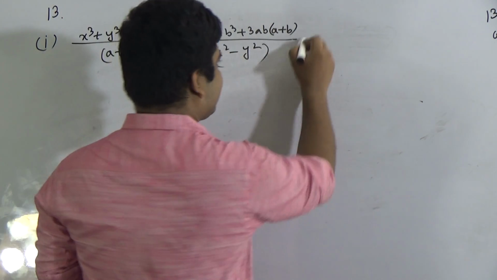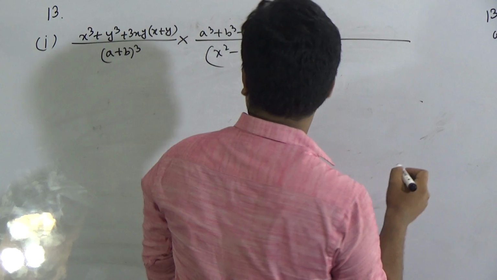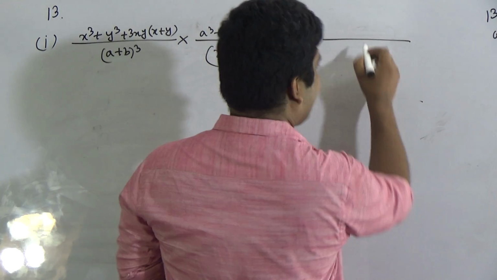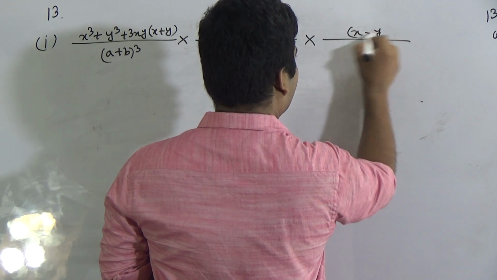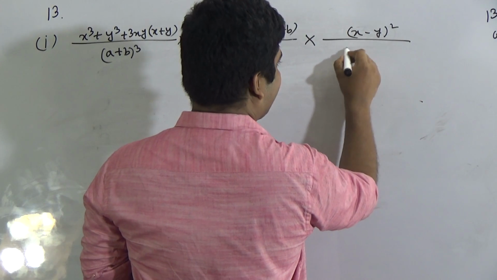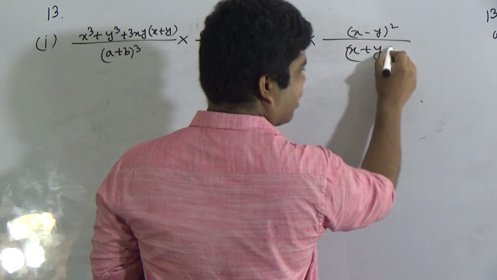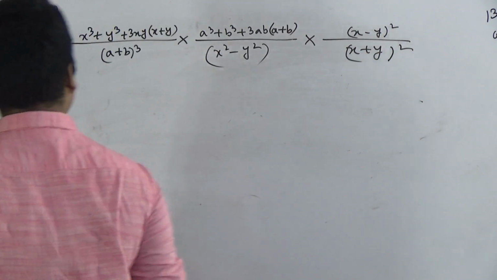On the other hand, the third expression is x minus y whole square divided by x plus y whole square.